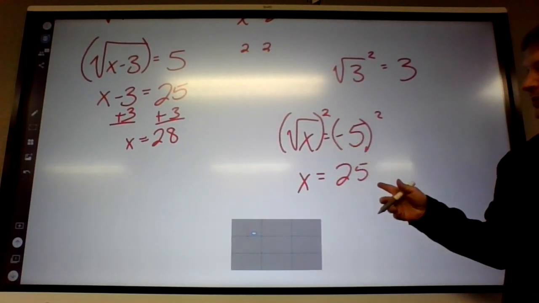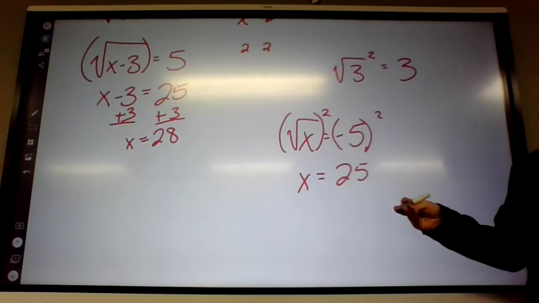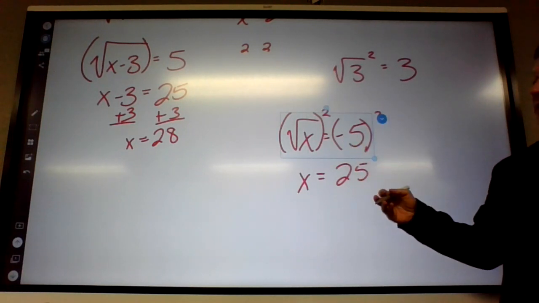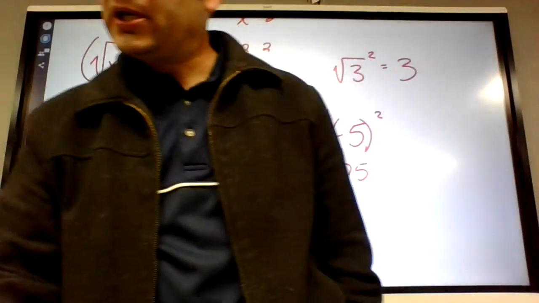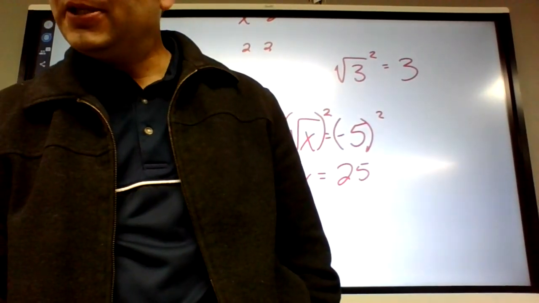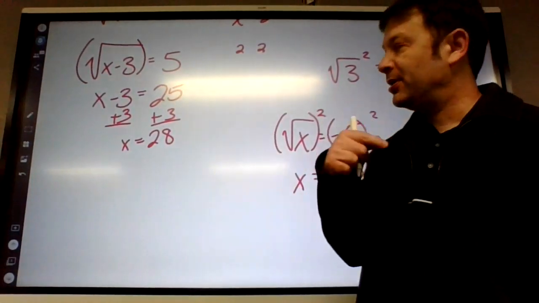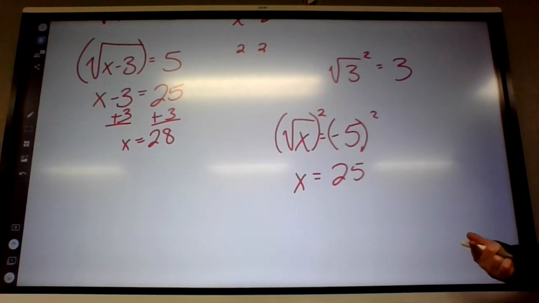No. So sometimes you get answers that don't actually work and it's usually going to be something to do with this negative thing here. So you do kind of need to check your answer and make sure it actually works. So you're going to find an answer, but if you try to plug it back in, it's not going to work. That's no solution.